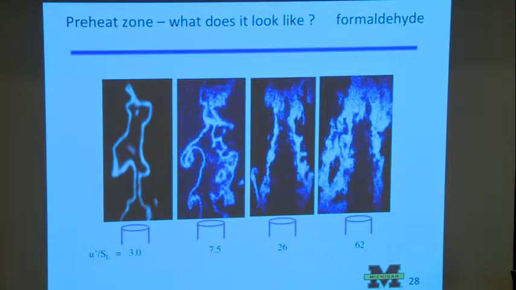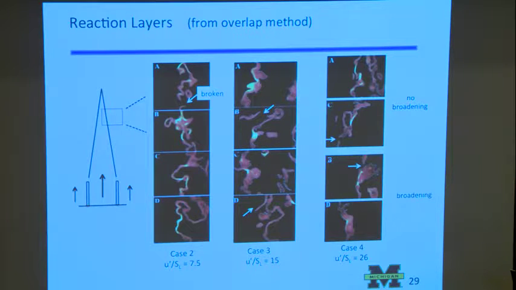The one on the left is what many, many people have recorded before with Rayleigh scattering and other things. But as you go to a very high turbulence level, we're seeing a very, very brushy looking preheat zone. And on the other hand, we look at the reaction layers where the overlap method is applied.